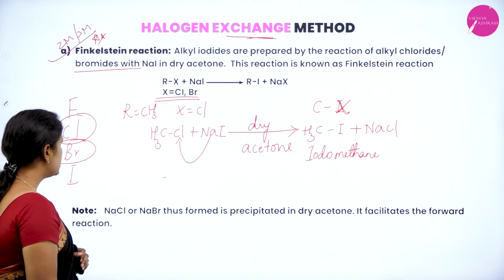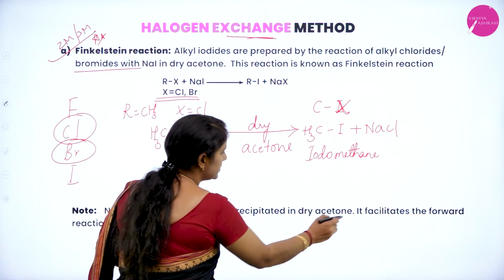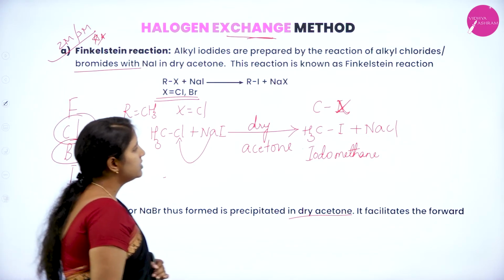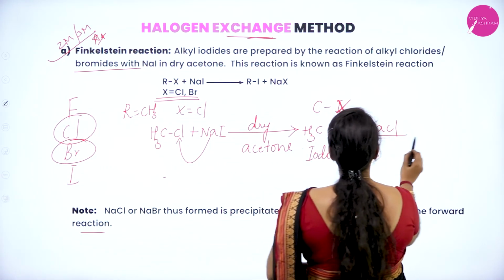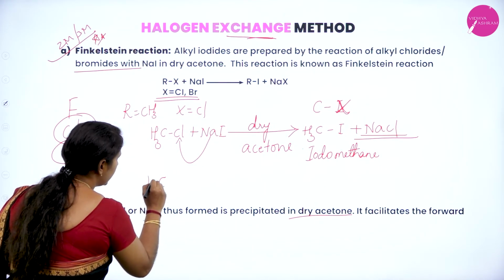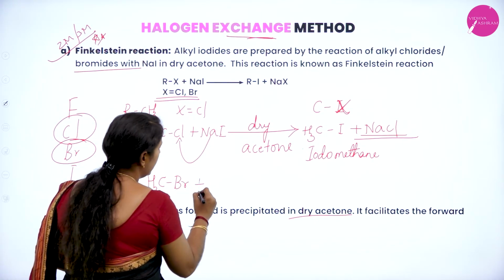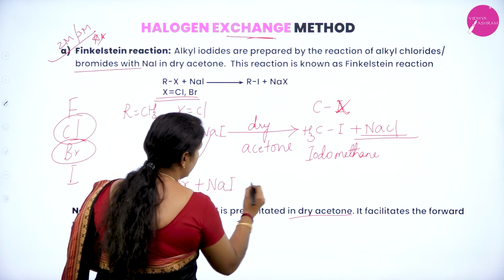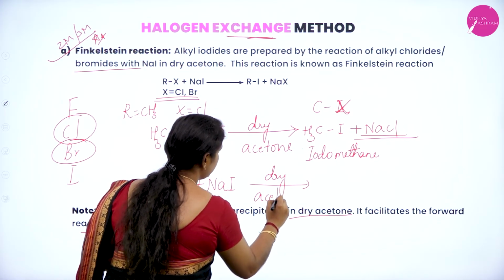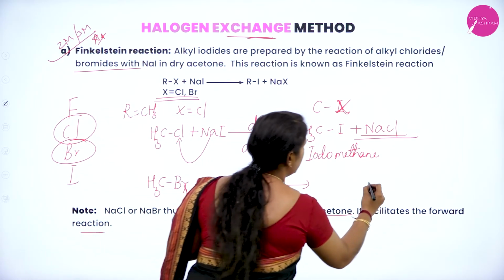The sodium chloride and NaBr are precipitated in dry acetone. This facilitates the forward reaction. So here the end product we got is sodium chloride. If you take the same reaction by considering CH3Br, that is bromomethane, with sodium iodide in presence of dry acetone, again there is an exchange of halogen.